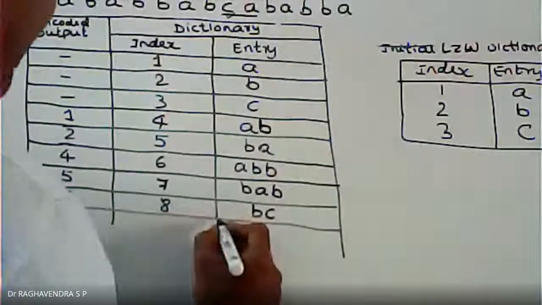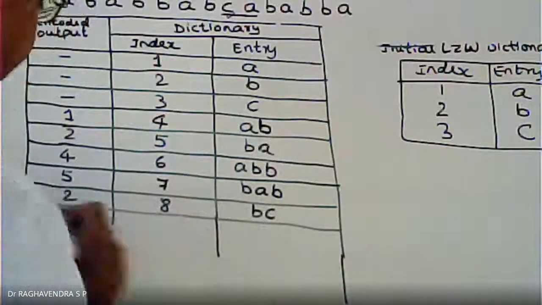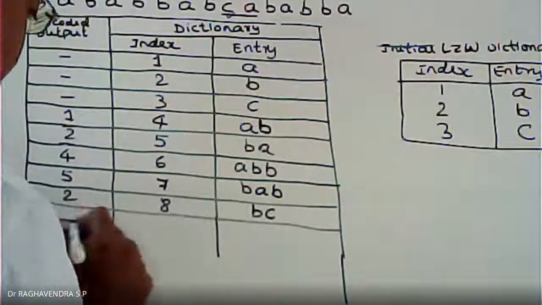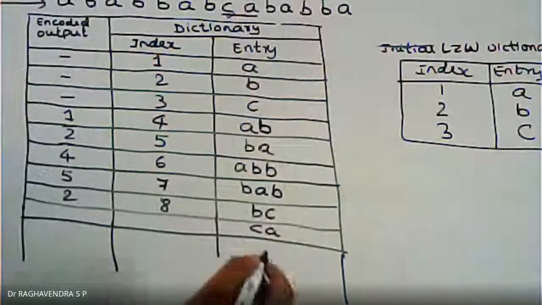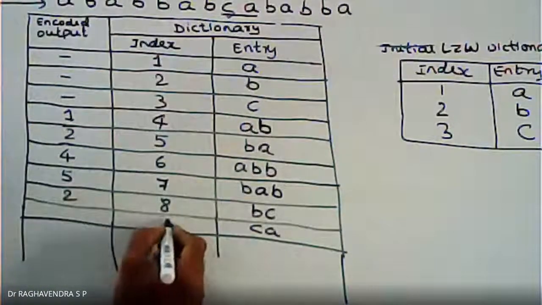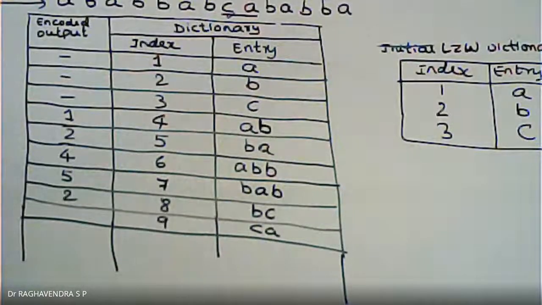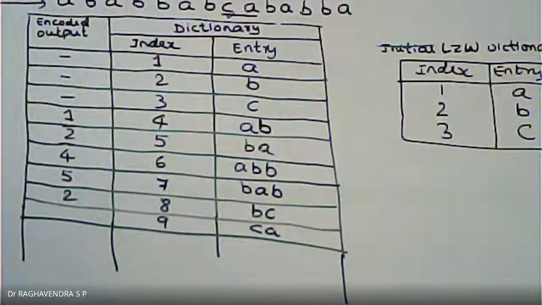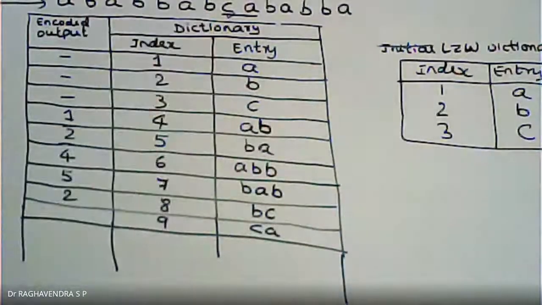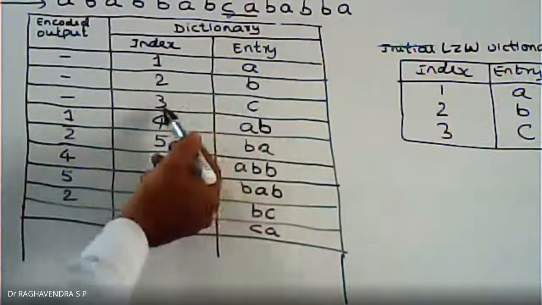So now I can insert CA. The index will be incremented from 8 to 9. Now try to find out the highest match for CA. C. What is the index value for C?